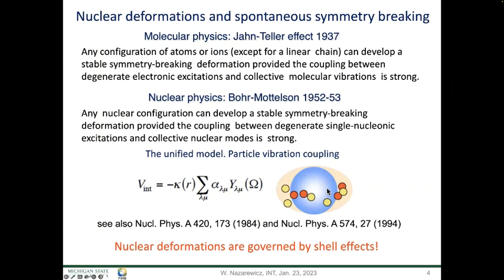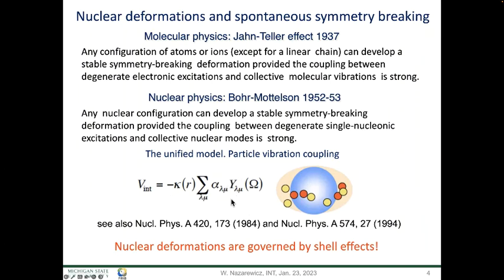The core can vibrate, can undergo vibrations, for instance, quadrupole vibrations, like in this figure. And the term which will be responsible for the coupling or interaction of those valence particles with vibrations can be schematically described through the multipole force.